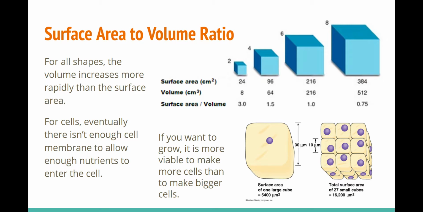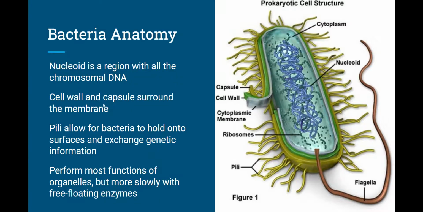But if your surface area isn't growing as fast as your volume, your needs are increasing faster than your ability to bring it in. And so that's why it's harder for cells to get bigger. Until they were able to compartmentalize with organelles, they really couldn't grow to the size of eukaryotic cells. And so that's why it's an evolutionary hurdle to get past in order to grow to that size.